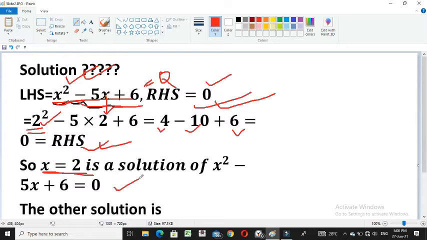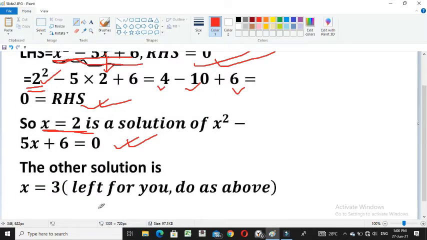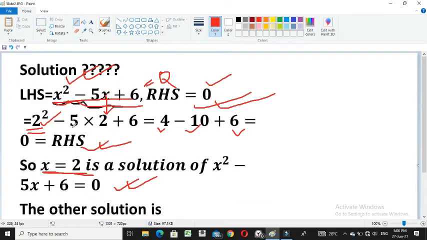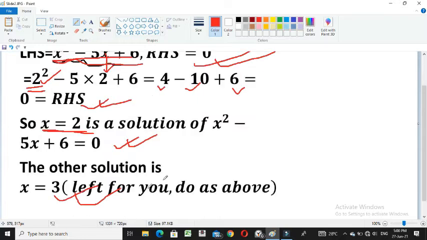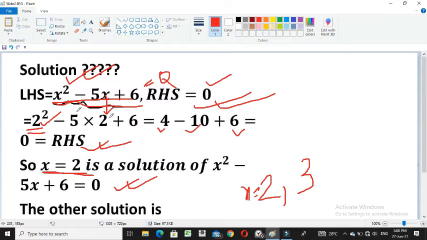Then the other solution is 3. You can do that one. You just put 3 on the left hand side for x. 3 square is 9, plus 6 is 15, and 5 into 3 is also 15. So the right hand side will be 0. So the solutions here are x equal to 2 and 3. Since it is a quadratic equation, you have 2 and only 2 solutions, not less, not more.